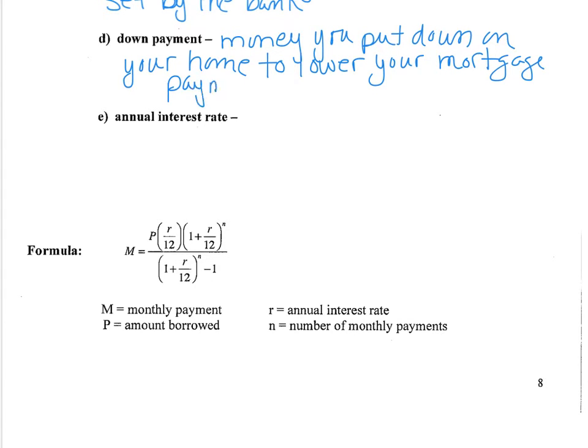So again, we talked a little bit about this earlier when I talked about escrow. If the house is $250,000 and you take out a mortgage for $200,000, that means you came up with $50,000 down payment.